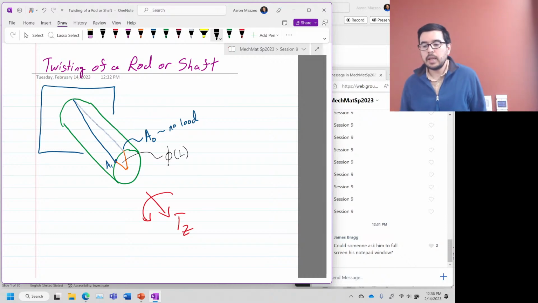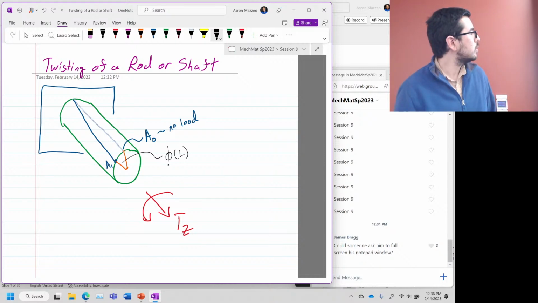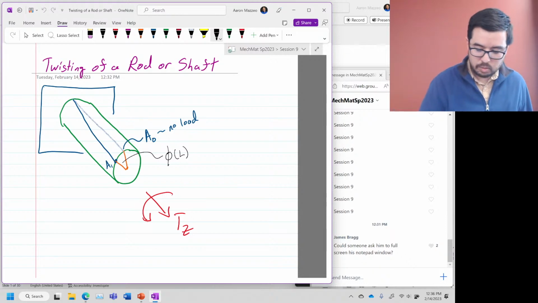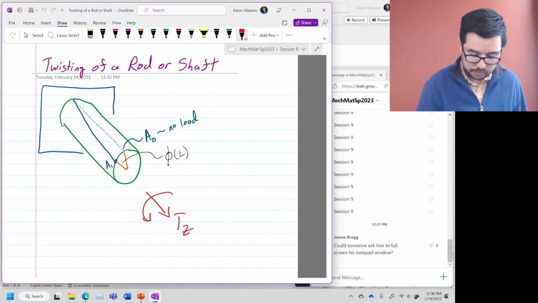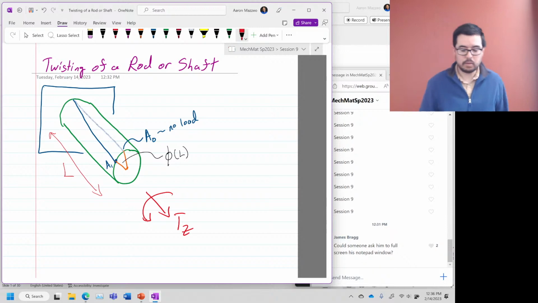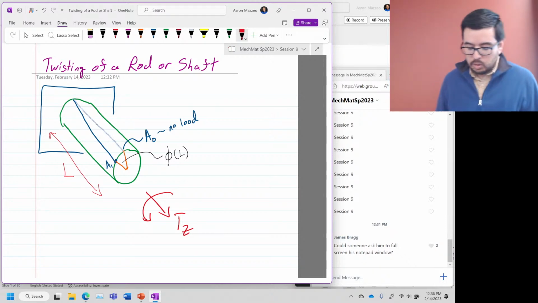Okay? That's phi at some distance L. So we say it has some distance L like that, some length L. So phi of L.